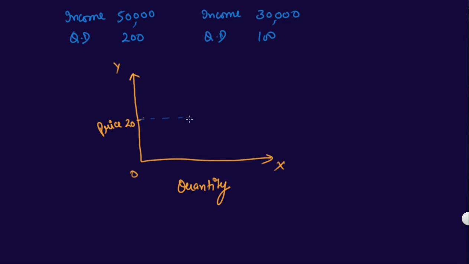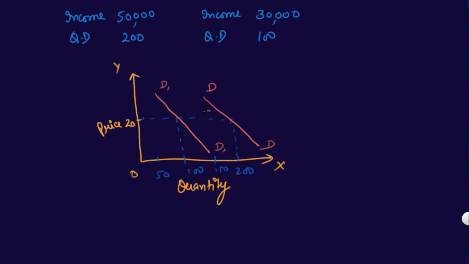At income of 50,000, you were demanding, here we can take 50, 100, 150, 200, 200 units of that particular good. Now at 30,000 of your income, you are demanding only 100. This was your initial demand, D. Now this has become your D1.